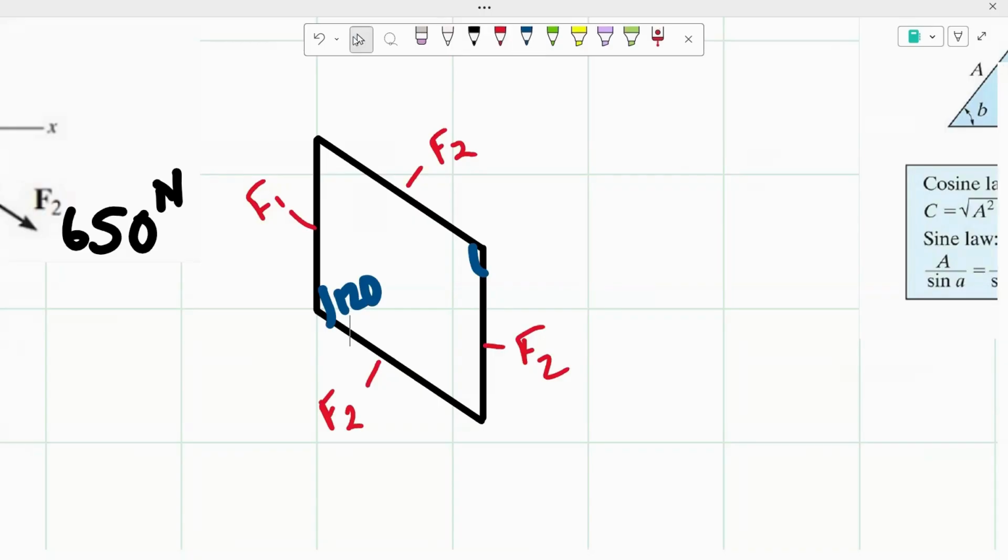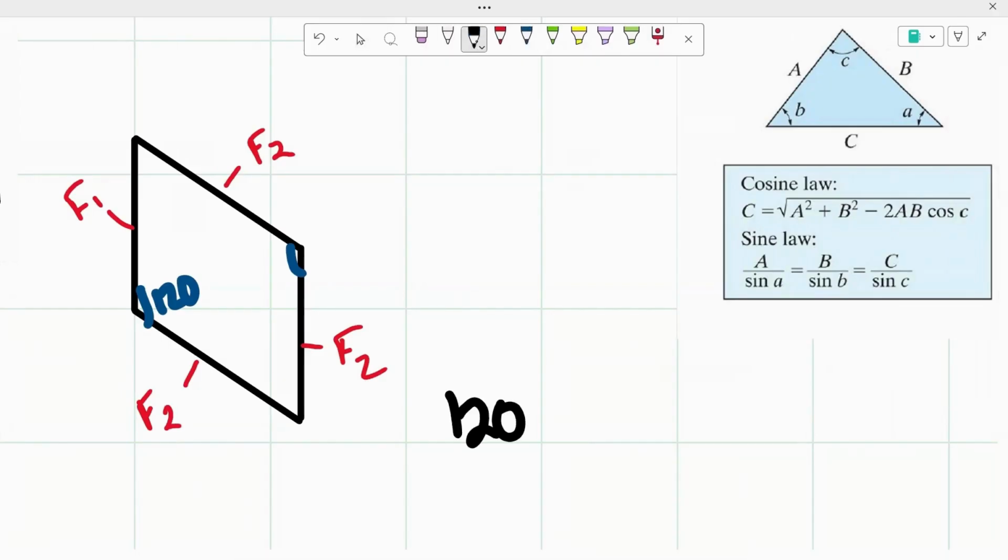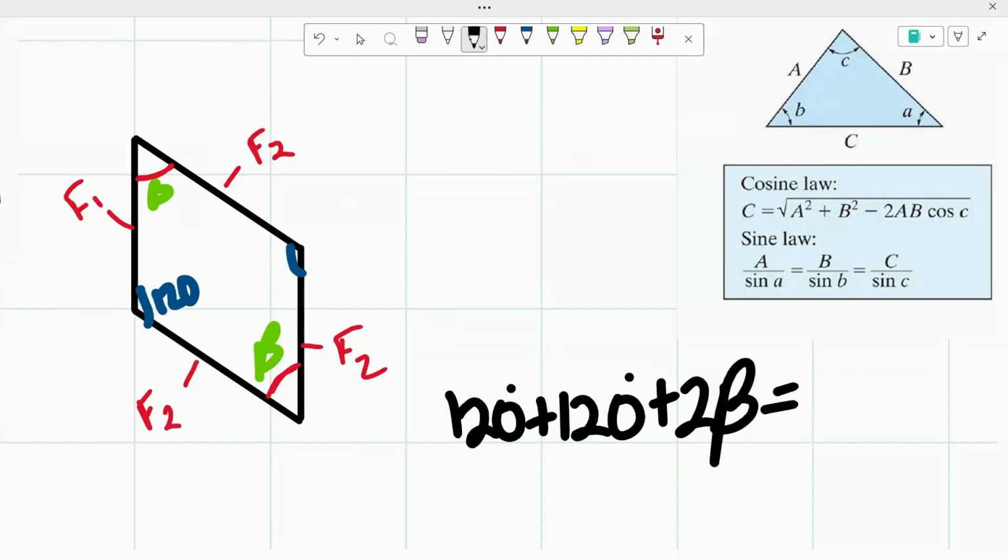And then we know that the sum of the angles of a parallelogram is 360 degrees. So we're going to do 120 plus 120 plus the angles that we're missing, these two angles right here, which we know are going to be the same angles. We're going to name those angles beta. So 120 degrees plus 120 degrees plus 2 beta, so we have 2 of them, has to equal 360 degrees.